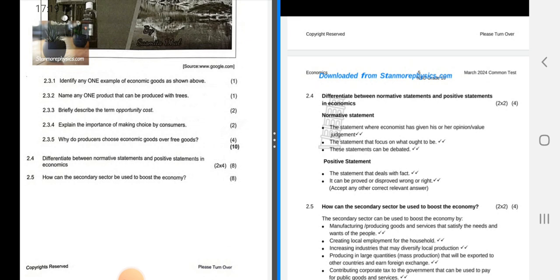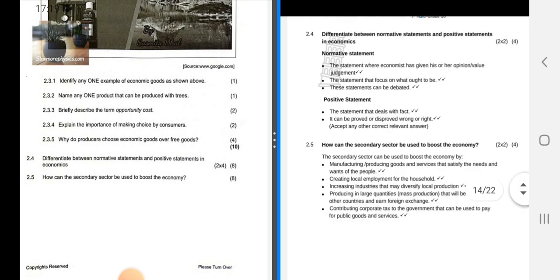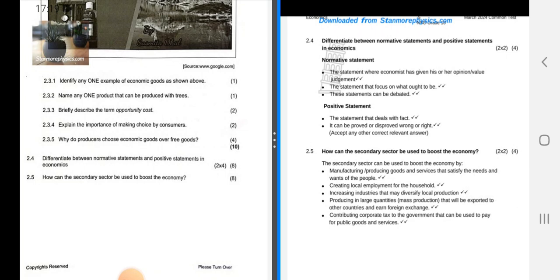Now 2.5 says, how can the secondary sector be used to boost the economy? The secondary sector is the sector where raw materials are transformed to finished goods. So we're talking about manufacturing, factories making finished products.